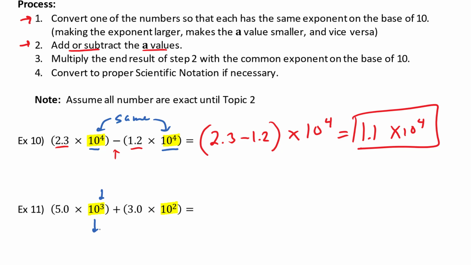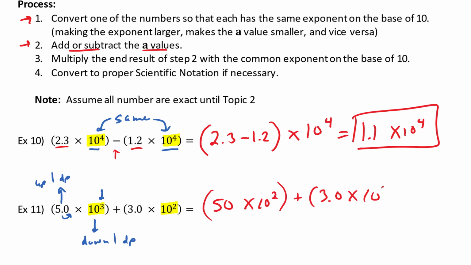I want to reduce that down 1 decimal place. Now, to compensate for that, because this one's going down, this one has to go up. Up 1 decimal place, meaning it has to get bigger. So I move the decimal place once to the right, giving me 50 times 10 to the 2 plus 3.0 times 10 to the 2.